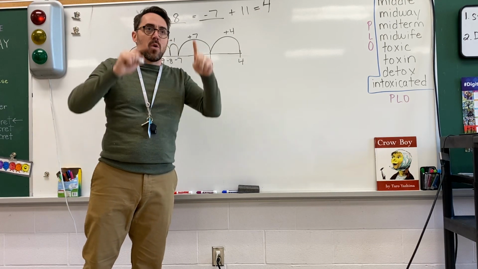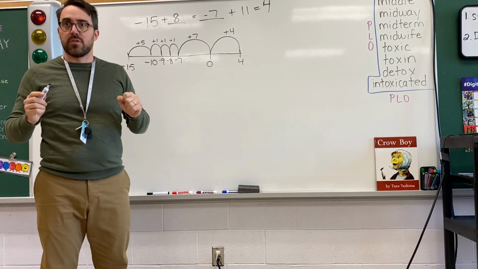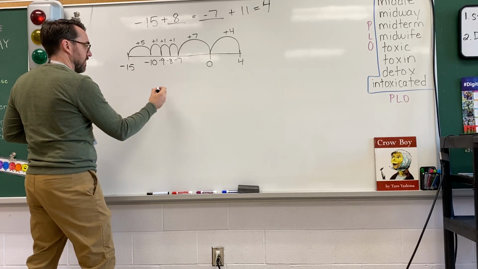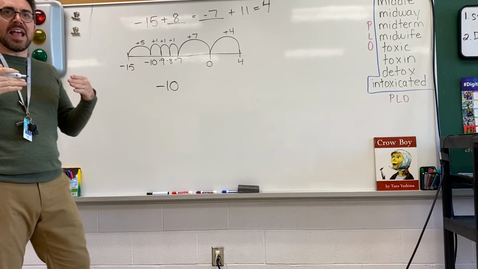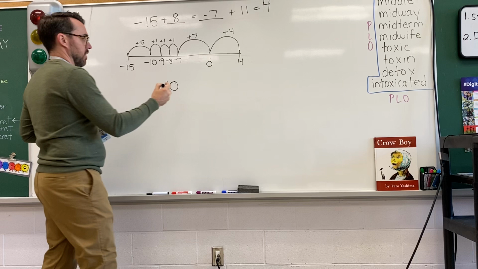I want to show you one more way to model this using counters. Okay? So my question looks like this. Okay? It was negative 10 out in the morning to start. Okay?